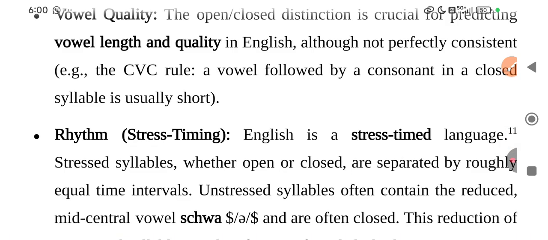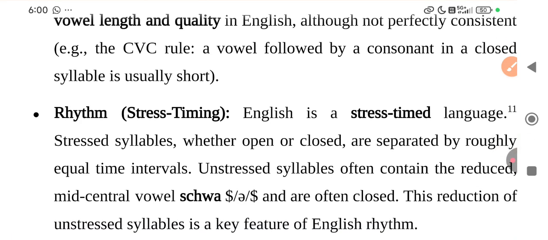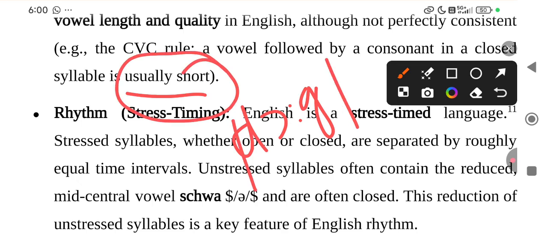CVC rule: a vowel followed by a consonant in a closed syllable is usually short, like dog, cat. It's not 100% sure that an open syllable must have a long vowel and a closed syllable a short vowel, but sometimes it happens, not always.